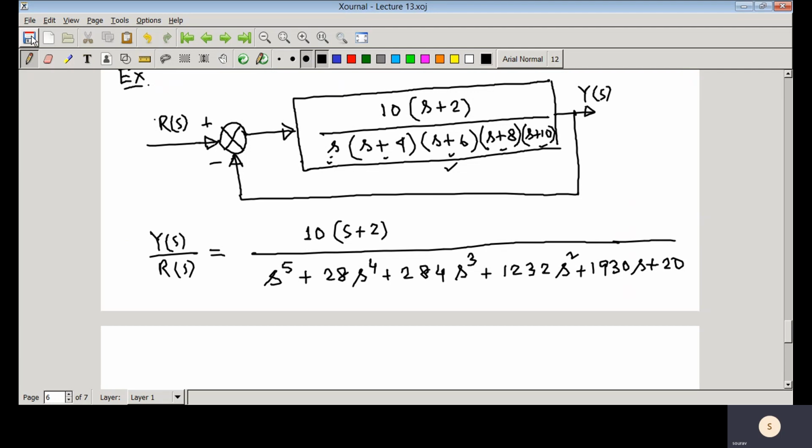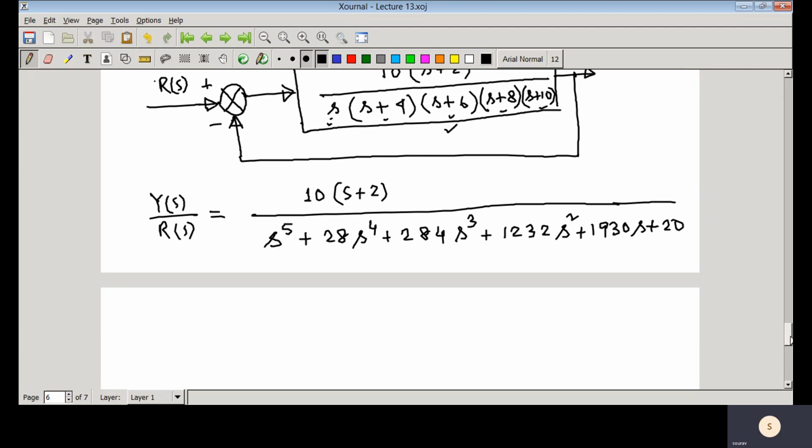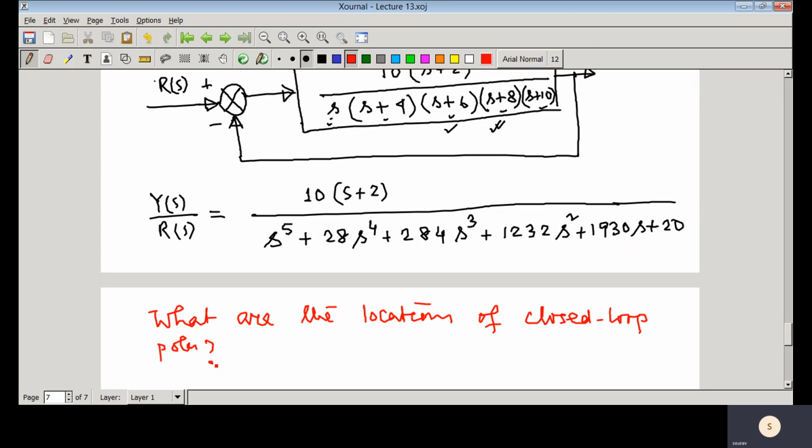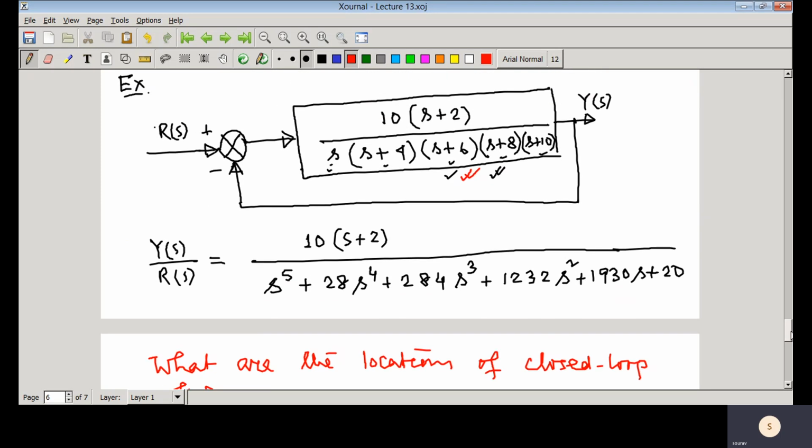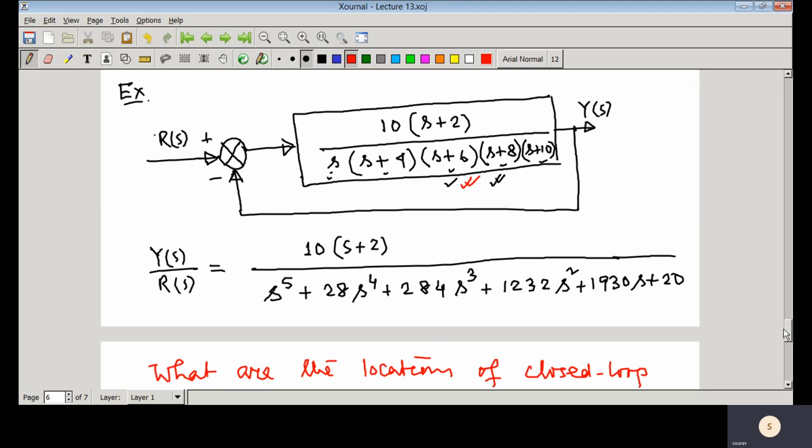So now the question is, what are the locations of the closed loop poles? In the open loop case we have seen the poles, and just by looking at their location we can see that it is marginally stable.